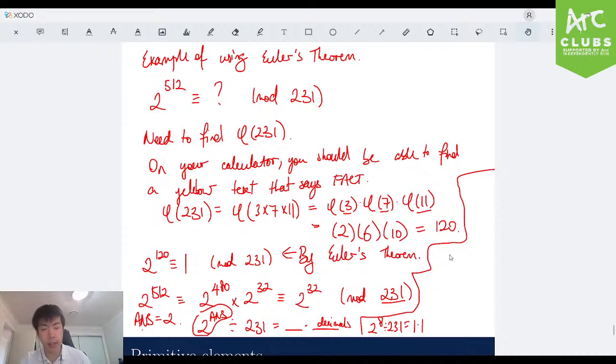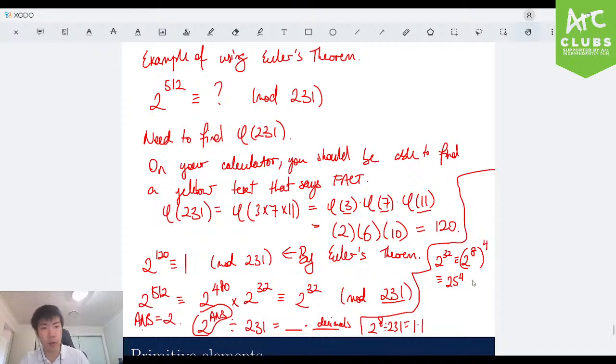So it turns out that 2 to the power of 32 is congruent to 2 to the power of 8, to the power of 4, right? Which is congruent to 25 to the power of 4, right? So 2 to the power of 8 modulo 231 is 25. 25 to the power of 4, and now we should have a small enough number. 25 to the power of 4 isn't that big.